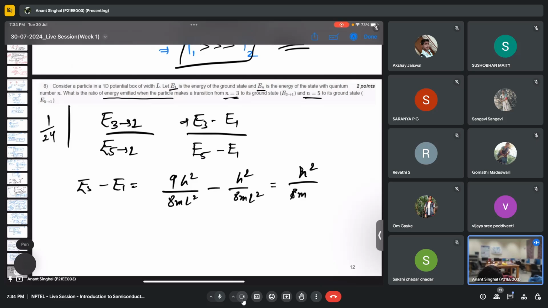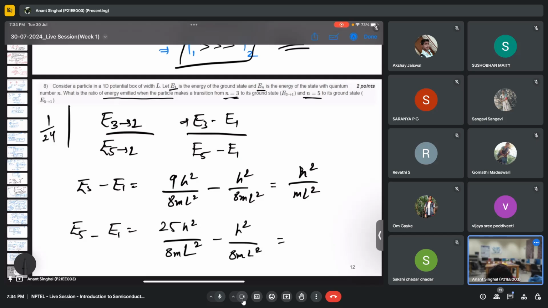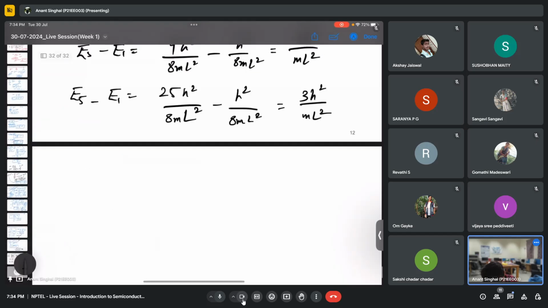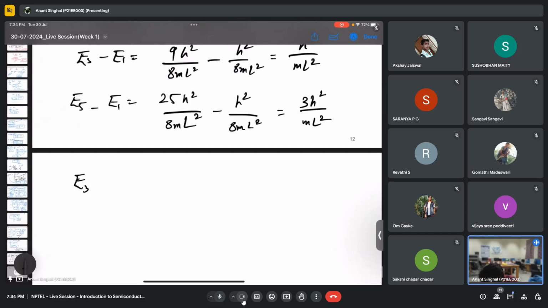Sorry, there will not be any 8. H square by ml square. Similarly, E5 minus E1 will be 25 h square by 8 ml square minus h square by 8 ml square. So this will be 3h square by ml square. This is what we need to find, 3 to 1 to 5 to 1.